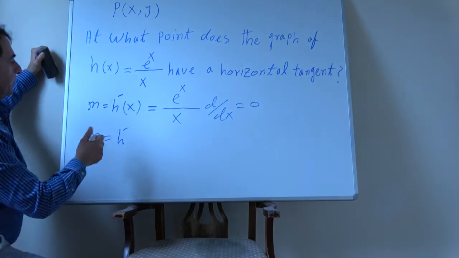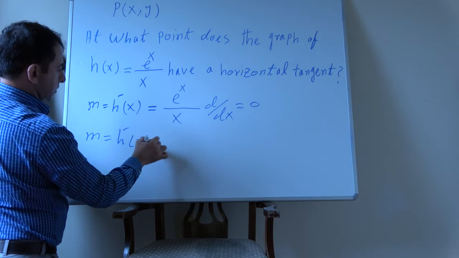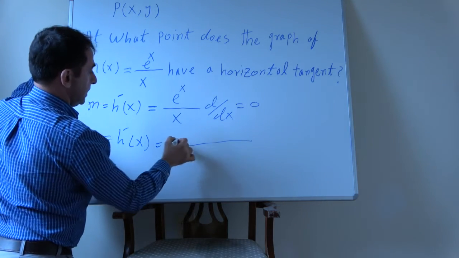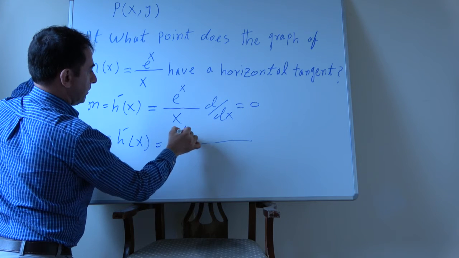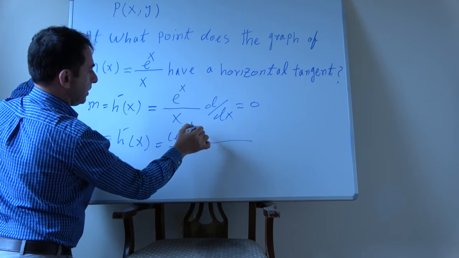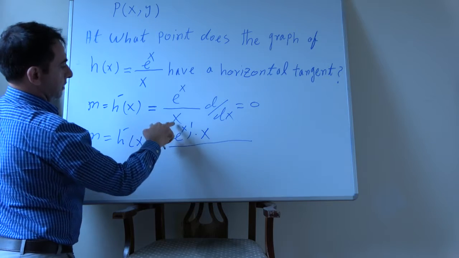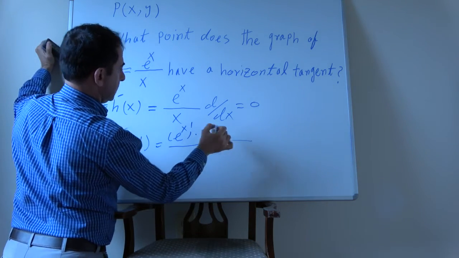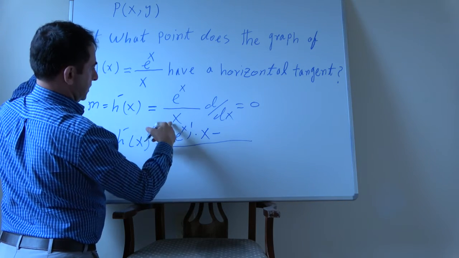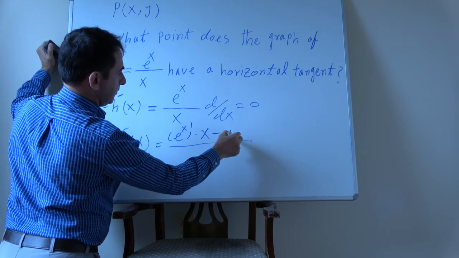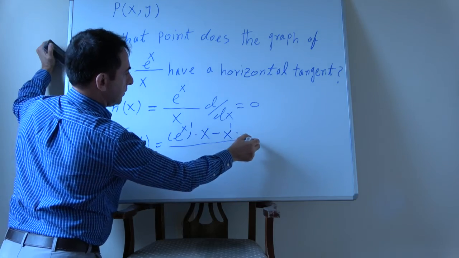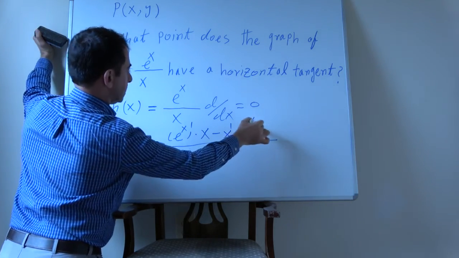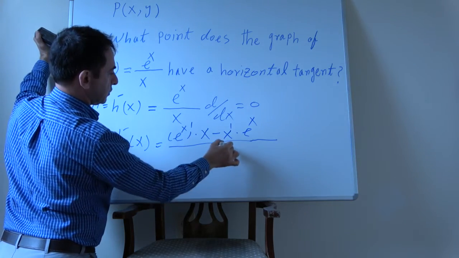So m, if we take the derivative of this function, it's the derivative of e to the power of x multiplied by the denominator x, minus the derivative of the denominator multiplied by e to the power of x, all over x squared.